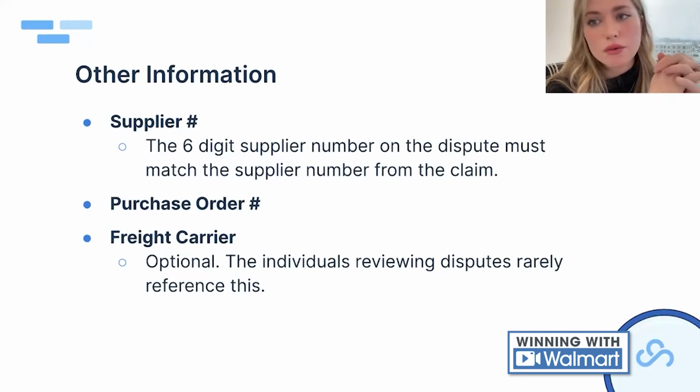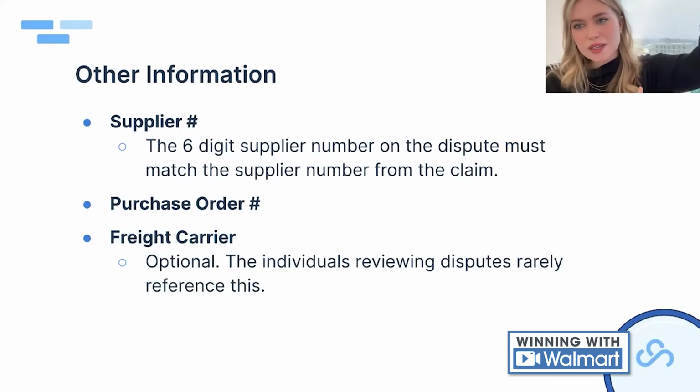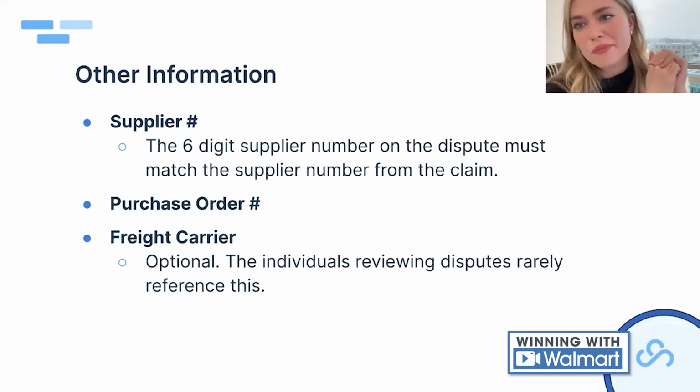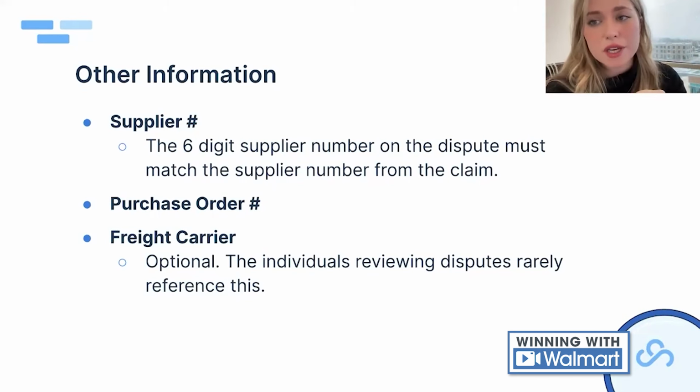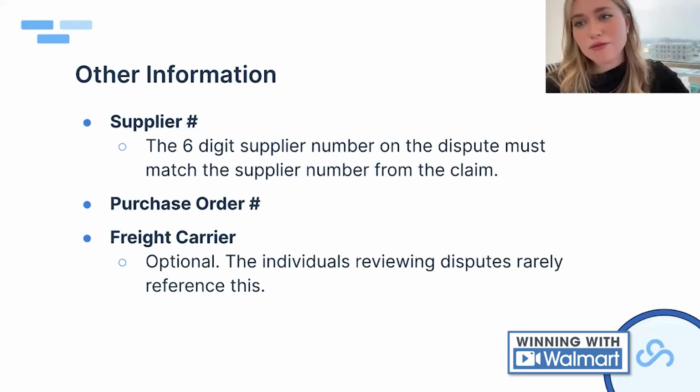But it can be helpful information, especially if you have a case where you have a giant list of BOLs and proofs of delivery, and if you're not separating those in order to give the most relevant information to the person who's reviewing your dispute, adding the freight carrier in there can maybe make it a little bit easier for them to actually go and reference what exactly you're talking about whenever you're disputing.